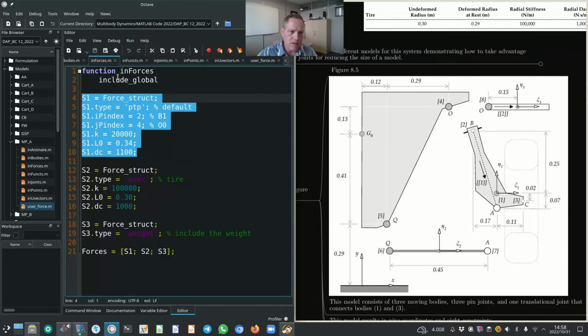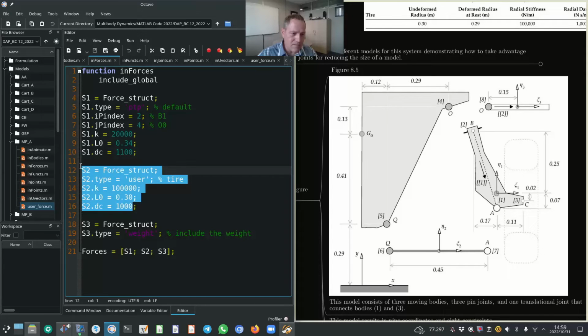S1 in forces is once again a PTP or point-to-point force, exactly as for the AA arm suspension, as well as the block resting on a conveyor of lecture 9. Okay, so nothing new there. The formulation is exactly the same, and we have discussed it now numerous times, so I'm not going to refer to the details here. This is the logical spring damper reaction force. It's a user force.